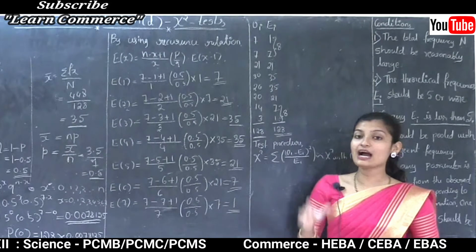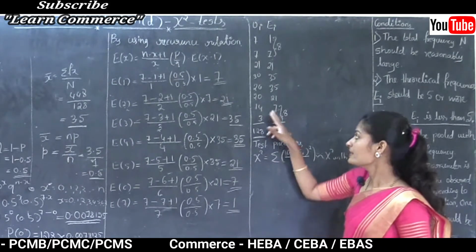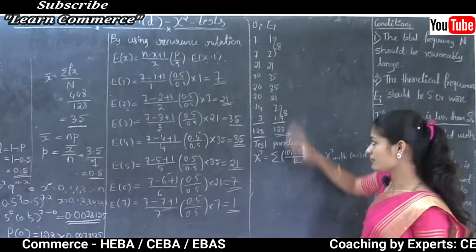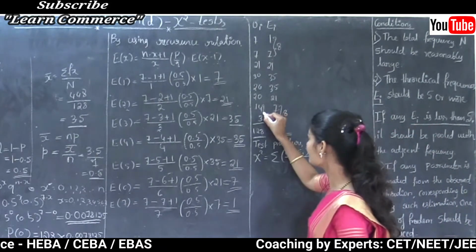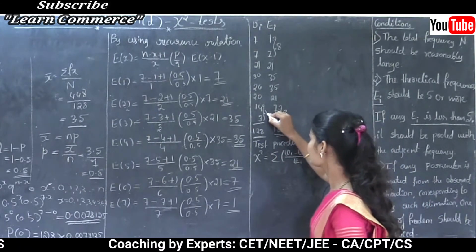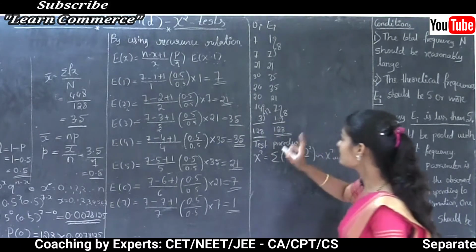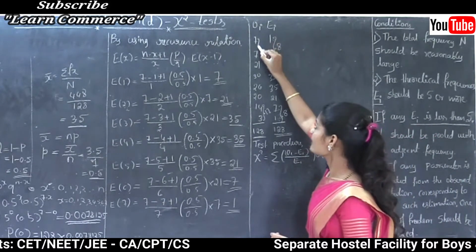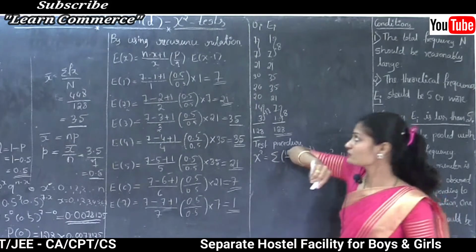After that, I will apply the same procedure to this observed frequency also. See here I add these two observations. Therefore, here also I will add these two observations. That is 14 plus 3 is 17. Similarly, here I add these two observations, so same method I will apply for this also.